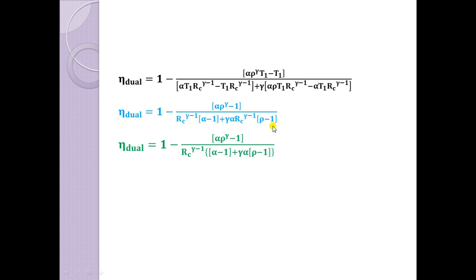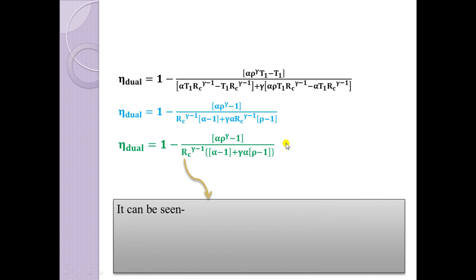Now we get a simplified form: 1 minus (alpha rho^gamma minus 1) in the numerator, over, in the denominator, Rc^(gamma minus 1) (alpha minus 1 plus gamma alpha (rho minus 1)). This is the expression used to obtain the thermal efficiency of a dual cycle.